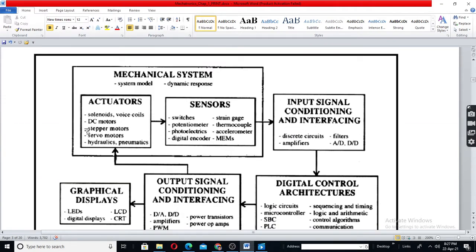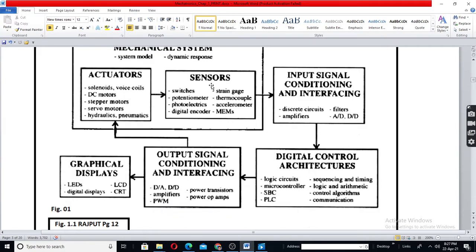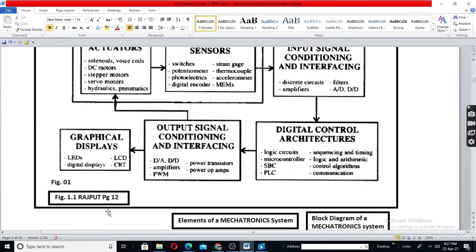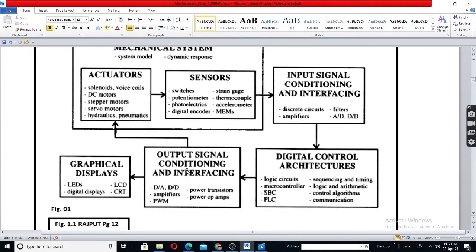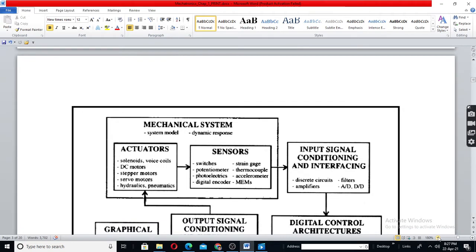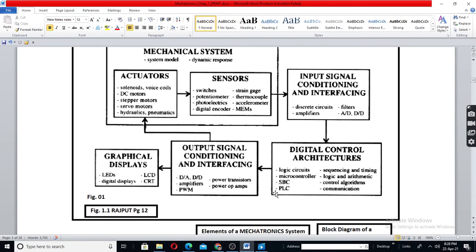See, examples are given here. Okay, so a mechatronic system has all these components: 1, 2, 3, 4, 5, 6. In the basic system, you had only two things, the mechanical system only.